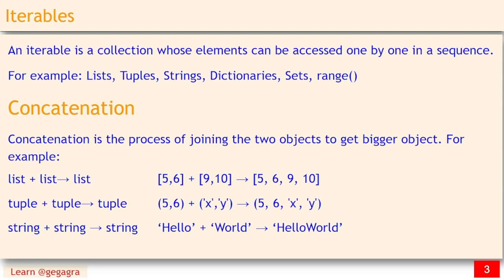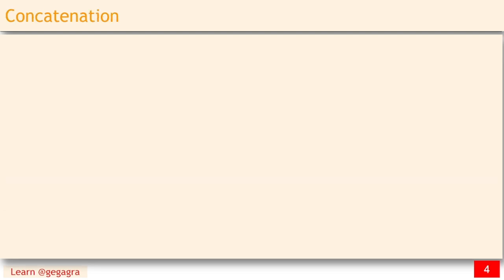So this way we can apply concatenation. Still we have some more examples on concatenation. For example, if I have a list and I want to concatenate it with a tuple, is it possible? Or vice versa, a list with a string or tuple. So list plus tuple is not possible. Similarly, list with string is also not possible.